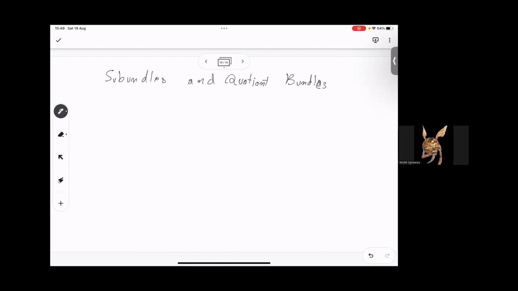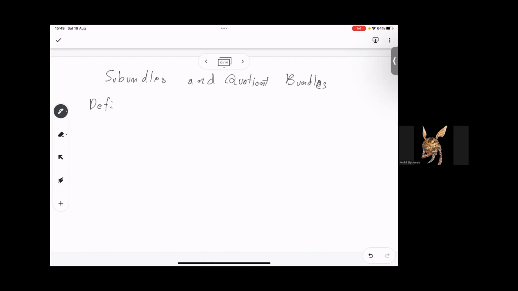Right? So, definition. An injective mapping of vector bundles would be a map which is injective, something very obvious.